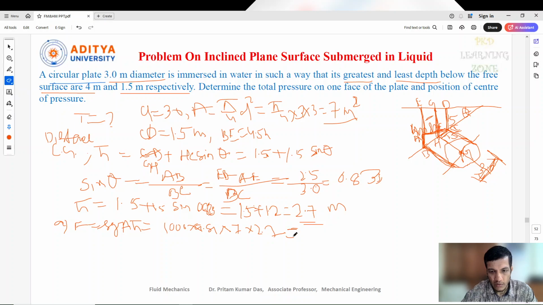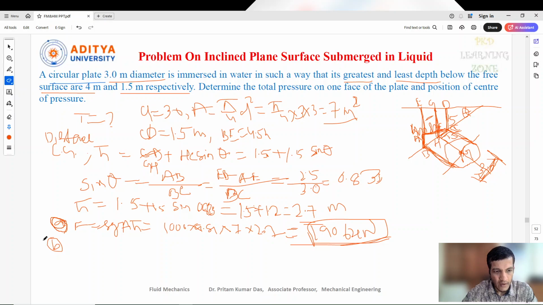So this will be near about 190 something, that means 1,90,000, some approximate value will come here, 717. Okay, so this is the pressure force applying on that.